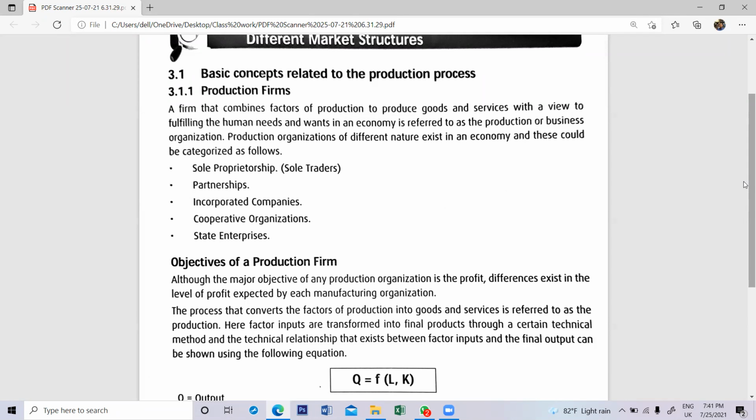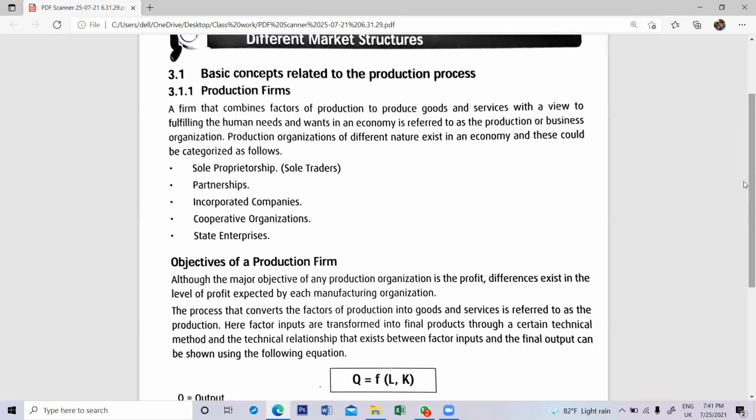We can say retailers cooperative, wholesalers cooperative, like that. As well as the government sector, there are state enterprises, especially corporations, which are government sector businesses, right?